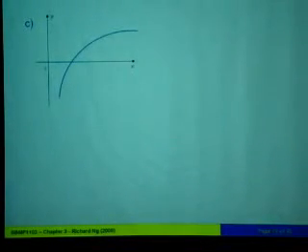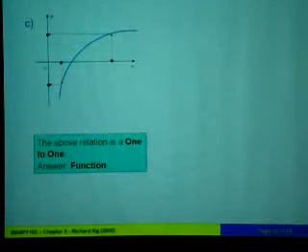Example C, for this curve, if you draw the lines, one input from x and then find the output, you will realize that one input produces one output. One input produces one output, so therefore this kind of relation is 1 to 1. So if it is 1 to 1, then we can say this curve is a function.